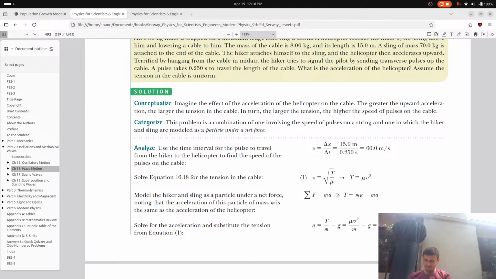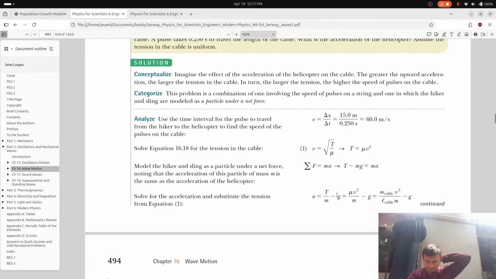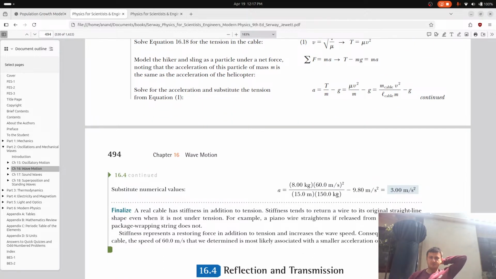So then we're going to get T minus mg is equal to the mass times the acceleration. Dude, that's a great problem.